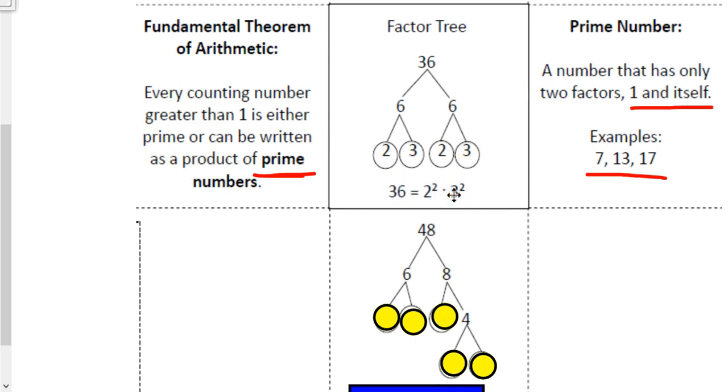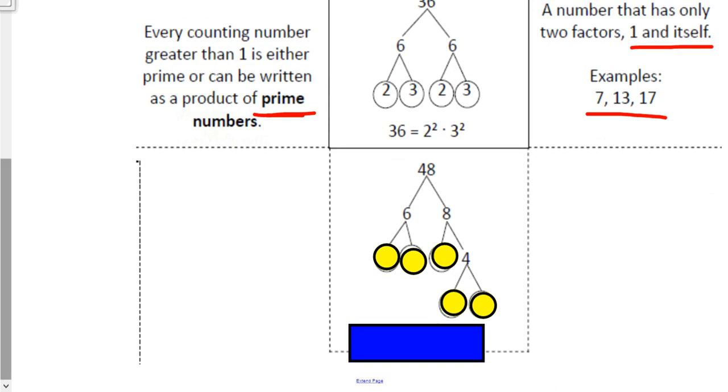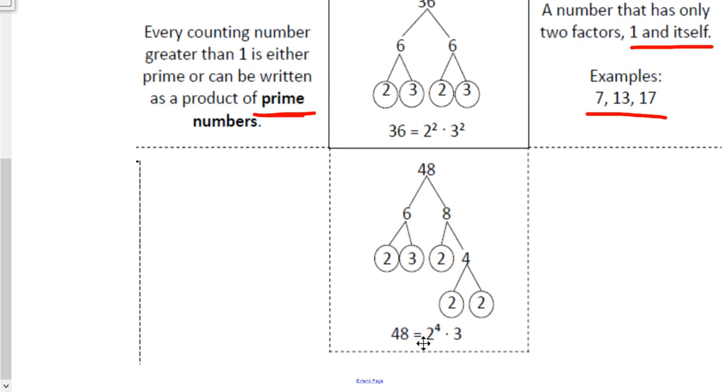So that means I have 2 twos and 2 threes. And for 48, 6 and 8 was done for us. 2 times 3 is 6. 2 times 4 is 8. 2 times 2 is 4. So this one I have 4 twos. 1, 2, 3, 4 twos. And 1 three, so that's where the 2 to the 4th power comes from.